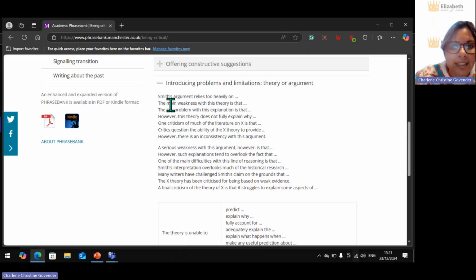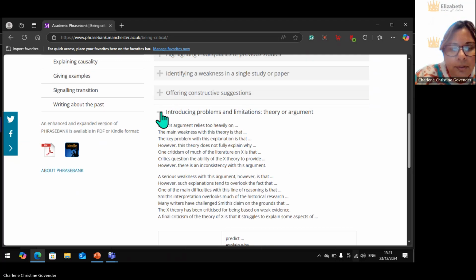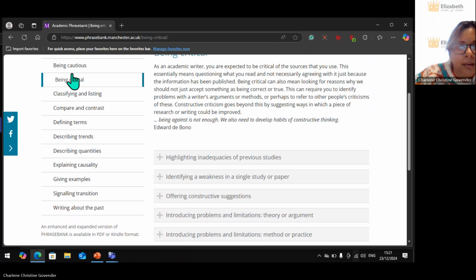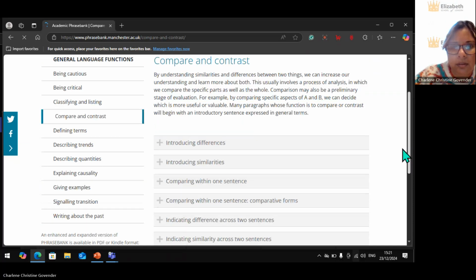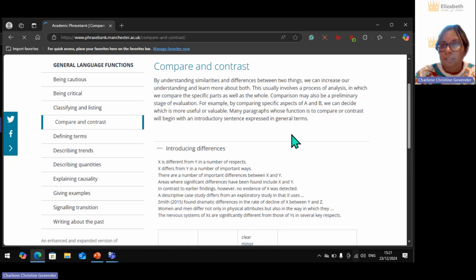So when you see Smith, when you see X or Y, let me look at a comparison. I do a comparison of X and Y. Okay, compare and contrast.